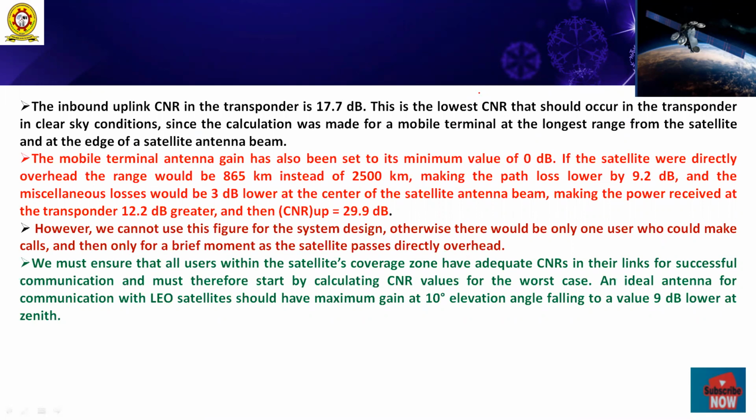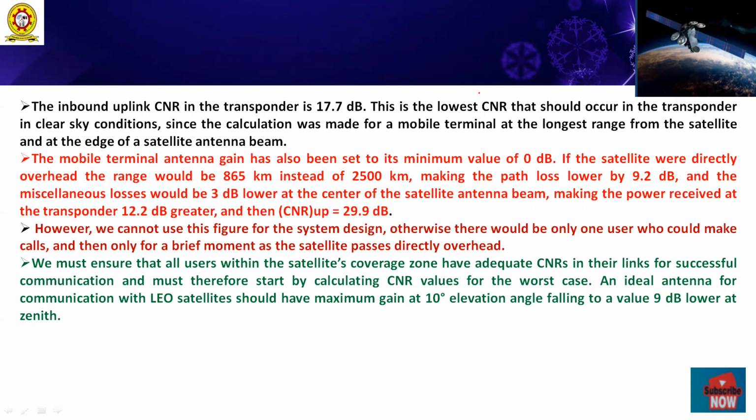At that moment, this type of uplink attenuation may disturb the communication from point to point. Therefore, we have to maintain adequate covering zones, which are helpful to maintain proper links for successful communication.